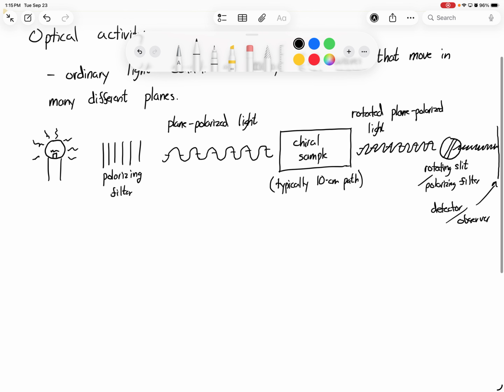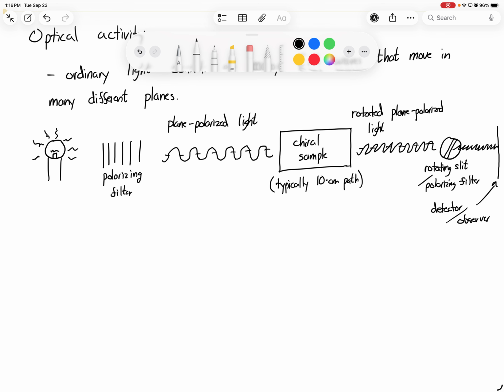So that's how we tell what stereoisomer we have. Well, there's usually a standard that you would have, and you would run it through this instrument called a polarimeter, and it will tell you by how much it has rotated. Okay, and then that will give you a value.